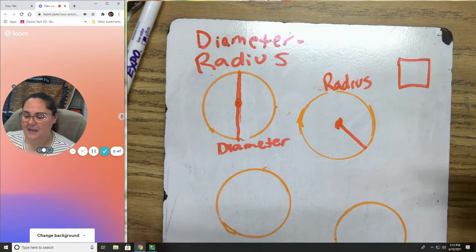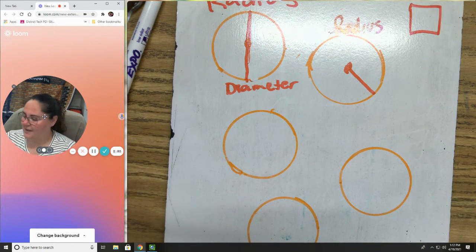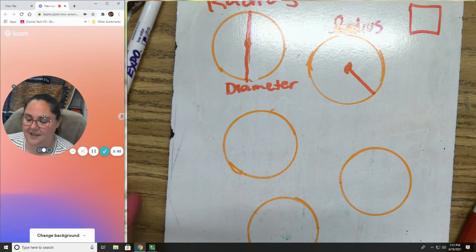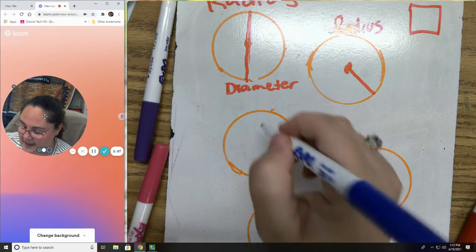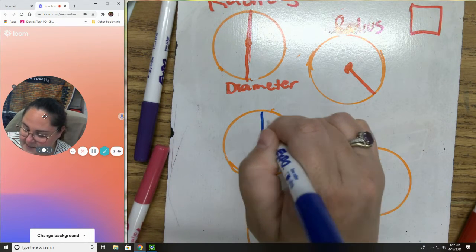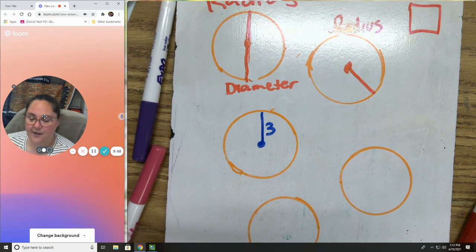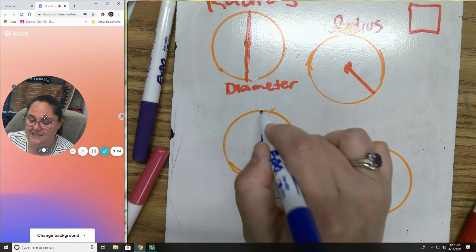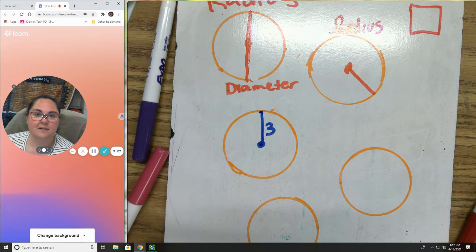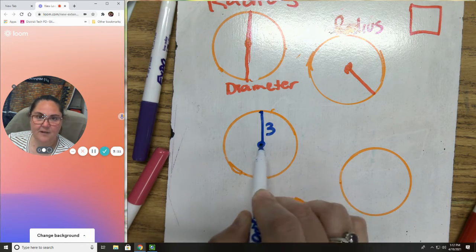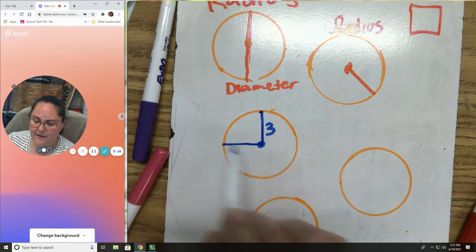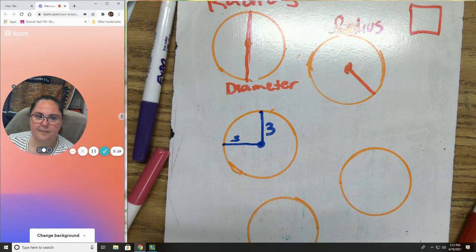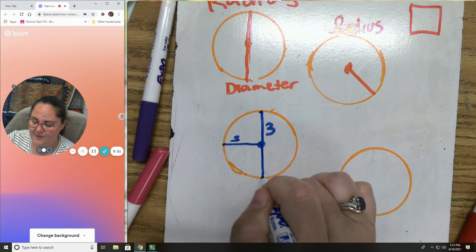Now, let's think these through. I have a lot more circles on my page. If I'm looking at this next circle and my radius is 3, I know that from my center point to this side is 3. It's right in the middle, right? And circles are exact, so if I measure this way, it would also be 3, or this way, this radius would be 3.